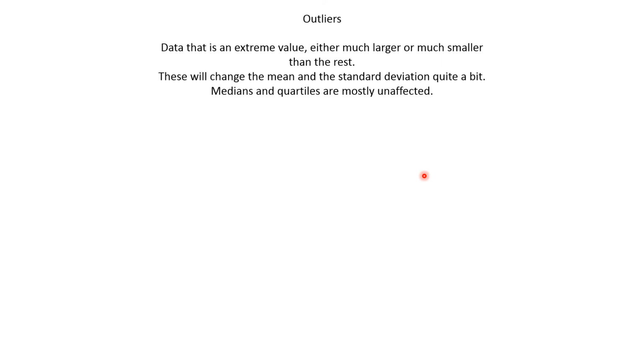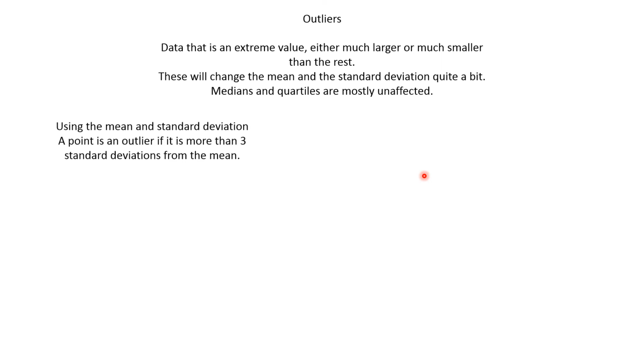And so, how can you tell if something's an outlier? We have a couple different ways. The first is using the mean and standard deviation. It's considered an outlier if it's more than 3 standard deviations from the mean. If I remember correctly, the standard deviation that we found on the calculator was about 1.4.